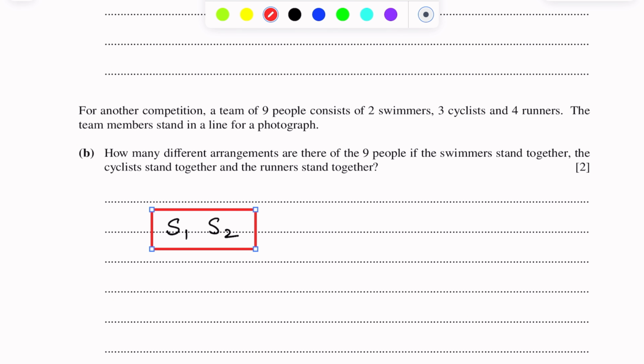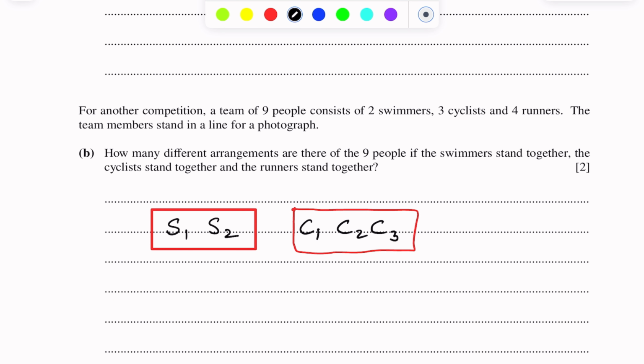and the group of cyclists. There are three cyclists. We are making a group C1, C2, C3. This is the second group, and the third group is of runners.